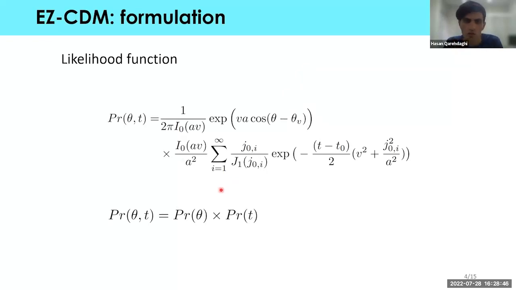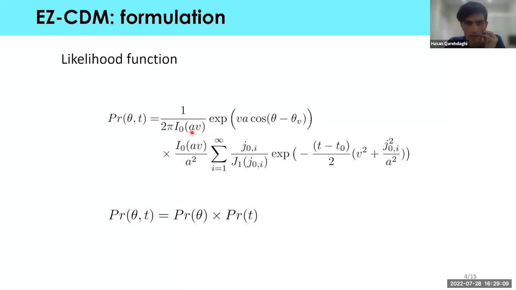The common good method for estimation is maximum likelihood estimation, in which we try to find the parameter values which maximize the probability of observing this experimental data. The likelihood function for the CDM is like this.